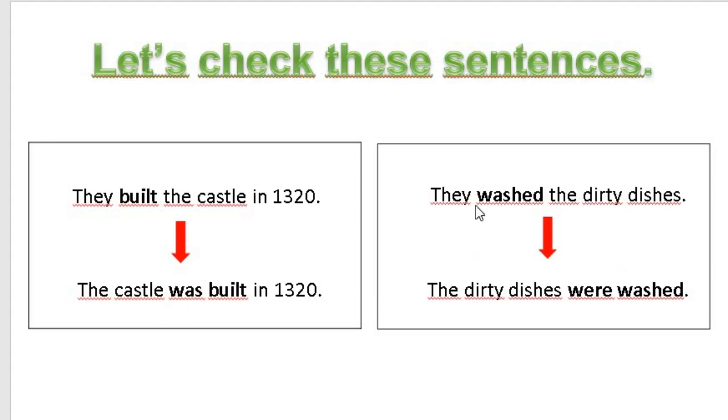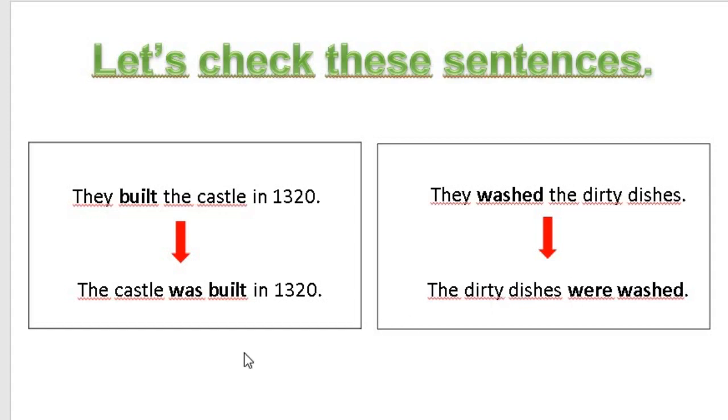And now let's look at the second sentence. They washed the dirty dishes. Who washed the dirty dishes? They. They is the subject. What did they do? They washed the dirty dishes. So washed is used as a past tense here. But we want to form it as past passive.